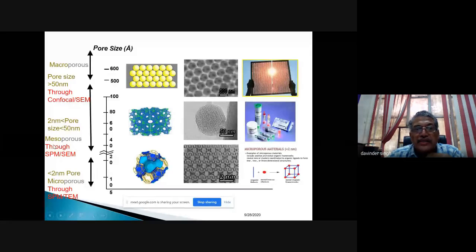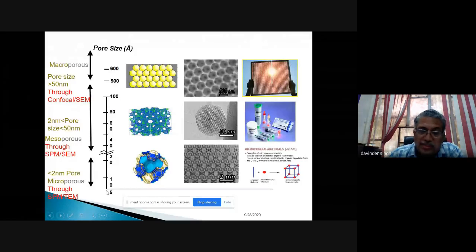Definitely we need scanning or electron microscopy or SPM, scanning probe microscopy. Or if we go further below, microporous materials means pore size below 2 nanometers, so definitely we have to go for TEM or HRTEM or SPM. But TEM or HRTEM is easier compared to SPM, because the setting of SPM is difficult at lower levels.